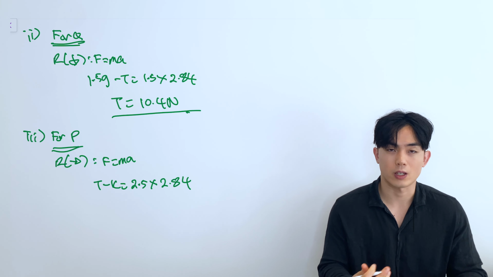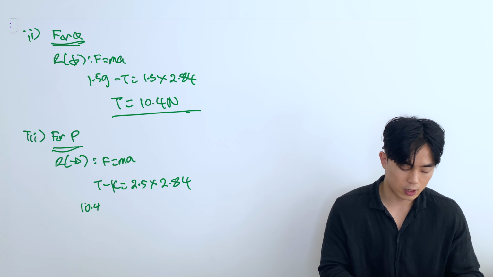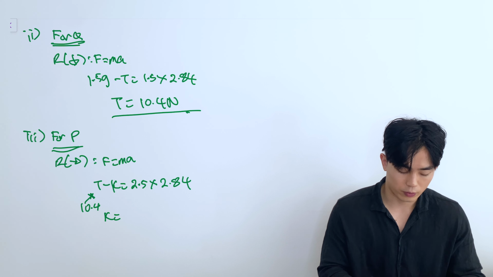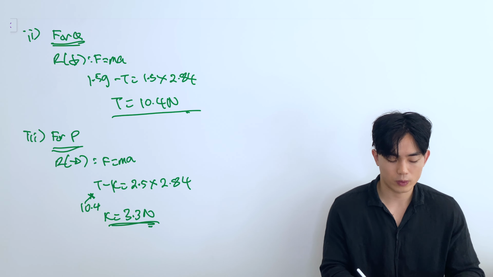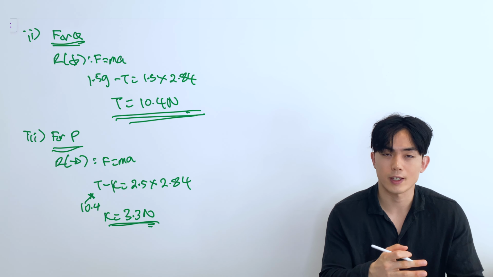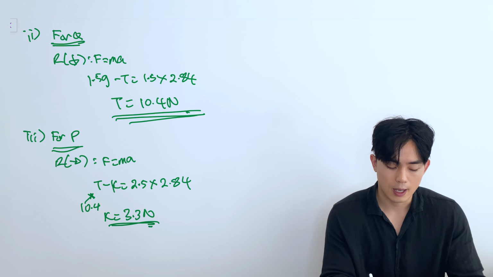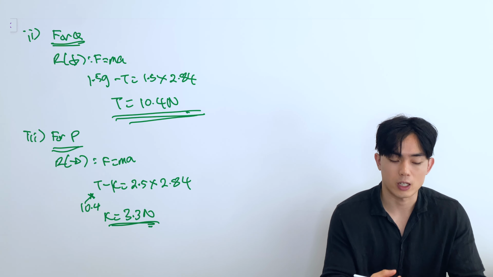This is connected to the same acceleration as before, 2.84. If I plug in 10.4 as T, then you should get a K value of 3.3 newtons like this. So you can see here, even though the pulley is on the edge of the table, it's still the same concept. We're still cutting it twice. Make sure the T values are pointing towards the cut, and then creating two different equations for each particle.